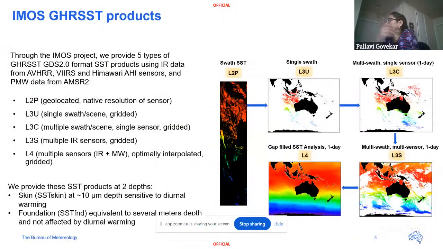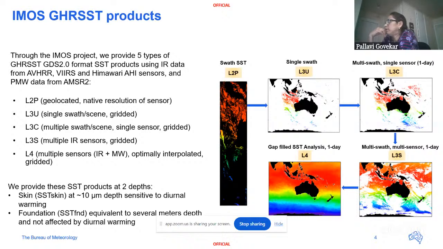As a part of IMOS, the Bureau of Meteorology provides a range of high resolution level 2, level 3, and level 4 products over Australian, Antarctic, and global domains.